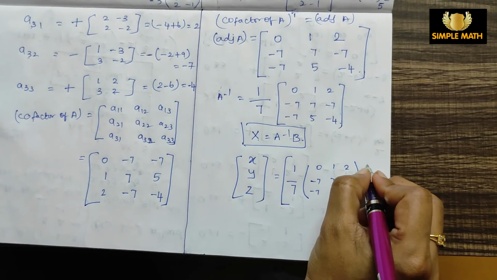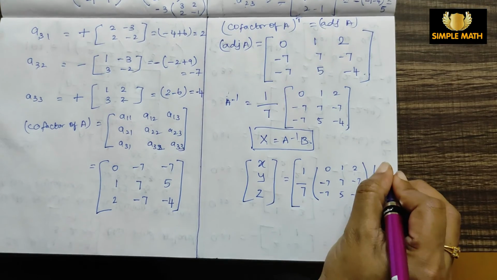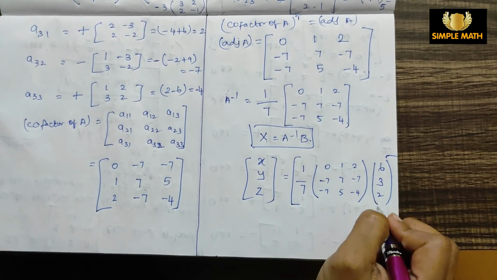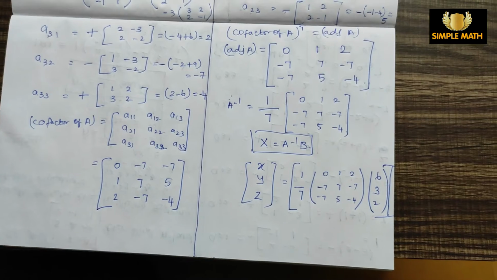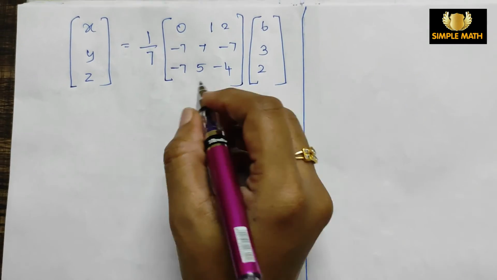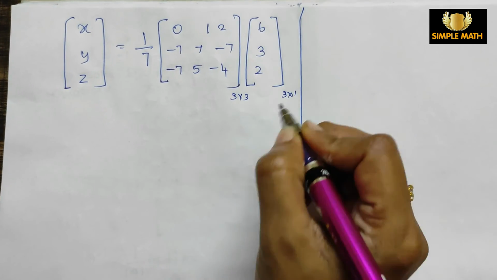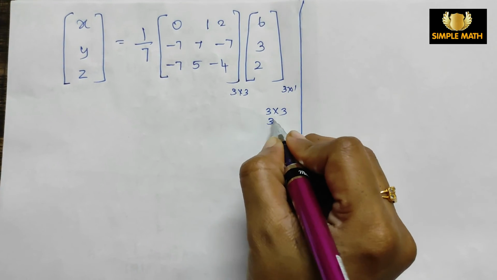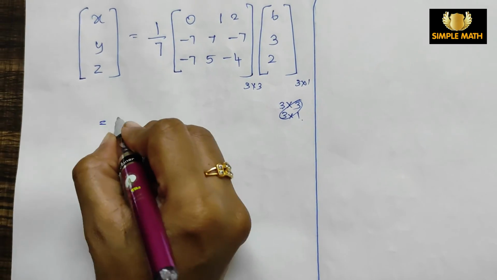So B value is 6, 3, 2. On solving this, we will get the values for x, y and z. Here the first matrix is 3 cross 3 matrix, 3 rows and 3 columns. Second matrix is 3 cross 1. My answer will be in 3 cross 1 matrix, which is 3 rows and 1 column.